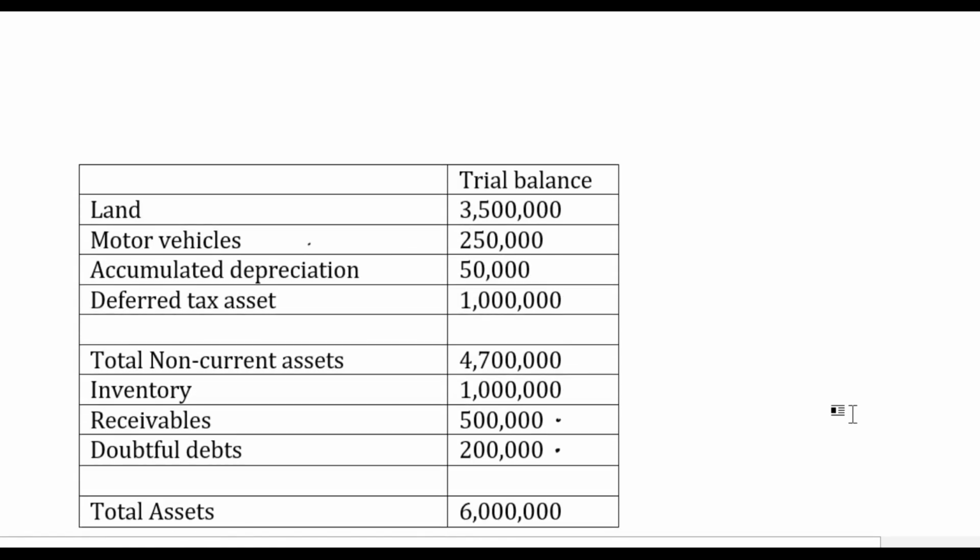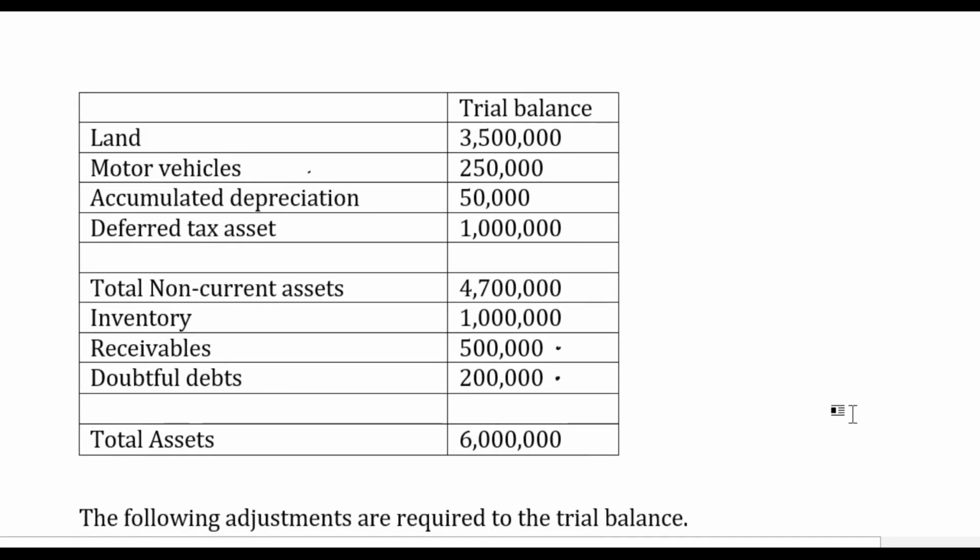Then we are given the asset side comprising non-current assets: land, motor vehicle and its associated accumulated depreciation, deferred tax asset, and the total of non-current assets.